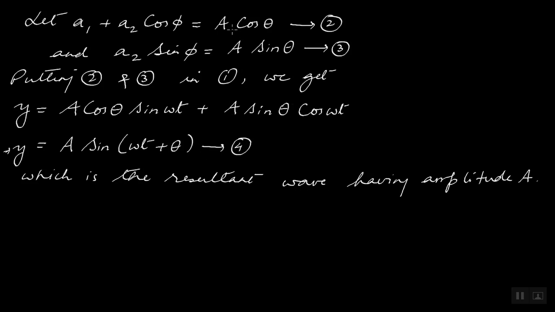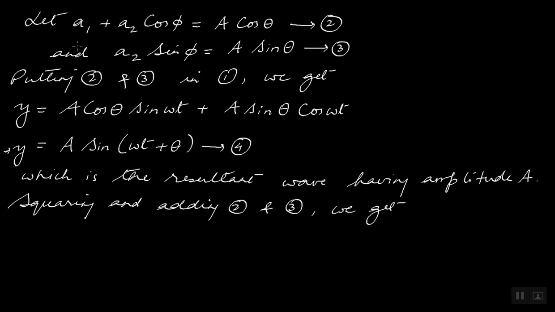So that's very simple. We take the two equations 2 and 3, we square and add the two equations. If you square the equation 2, you get a1 square plus a2 square cos square phi plus 2 a1 a2 cos phi on the left hand side.